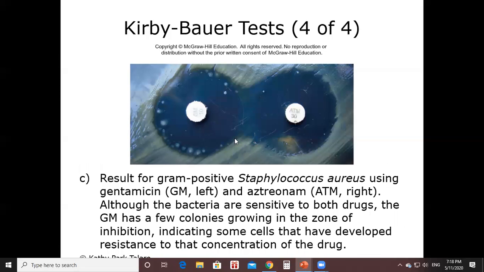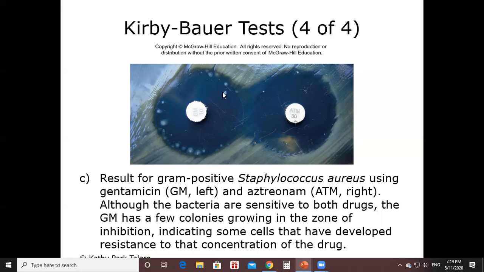Okay. And this is another interesting one. This one has gentamicin, which is GM, and aztreonam, which is this one. When you're trying to decide which is the better antibiotic to use for this particular bacteria, you look and say, well, they both have about the same range of kill. But if you notice in this one, there are little clusters in the periphery that are still colonies.